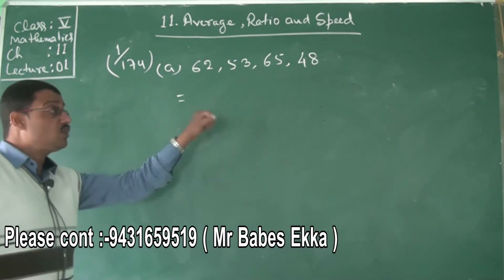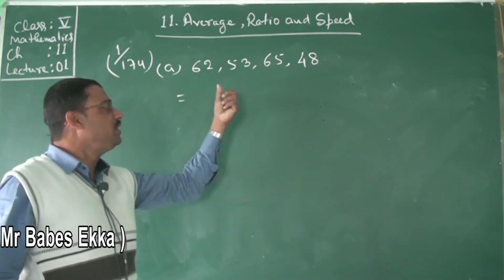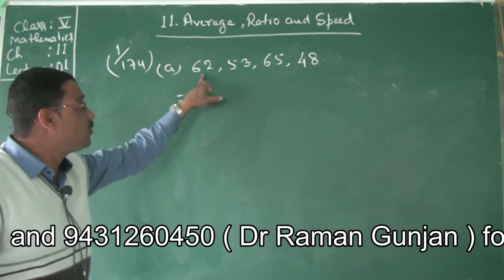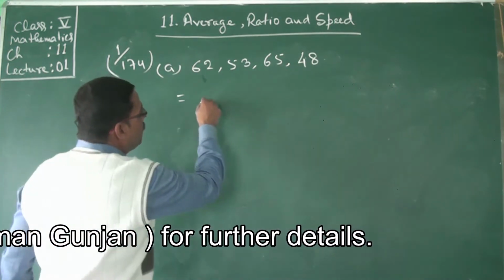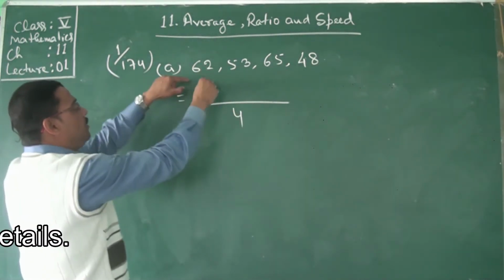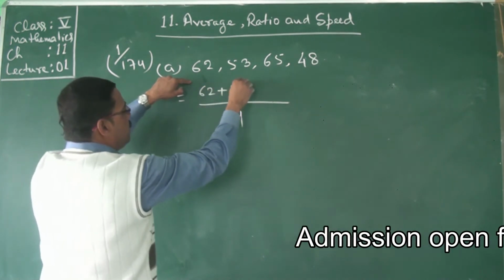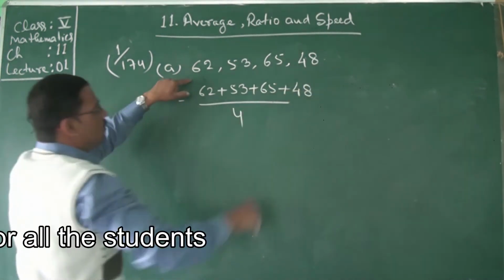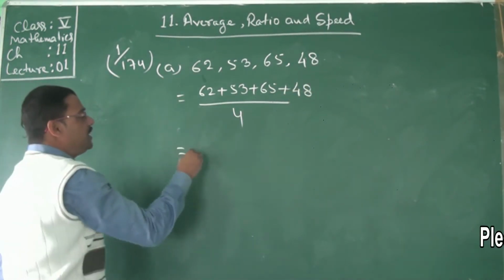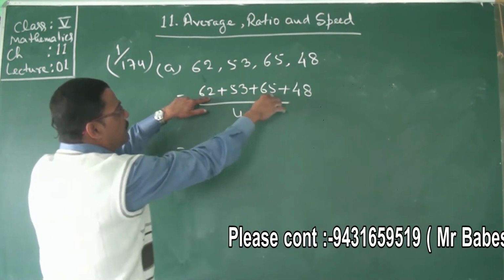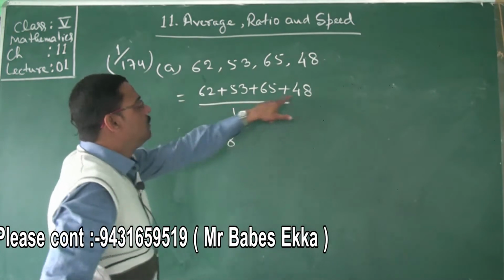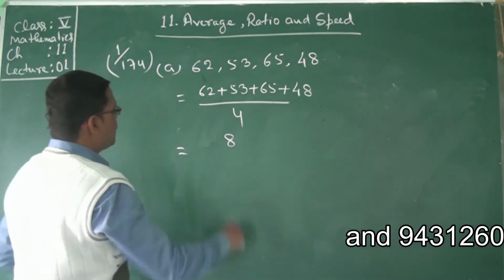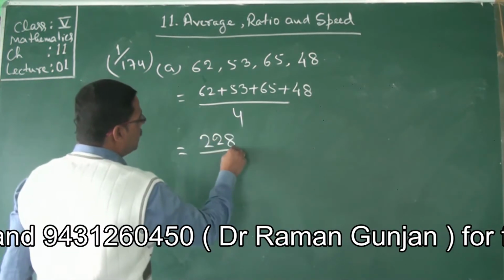To find the average of these 4 numbers, first of all we count up the numbers, that is the number of quantities: 1, 2, 3, 4. So we need to divide by 4, and the sum of the numbers is 62 plus 53 plus 65 plus 48. So take the sum, which is 228, divided by 4.